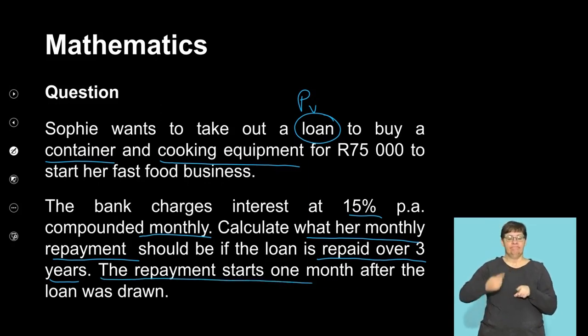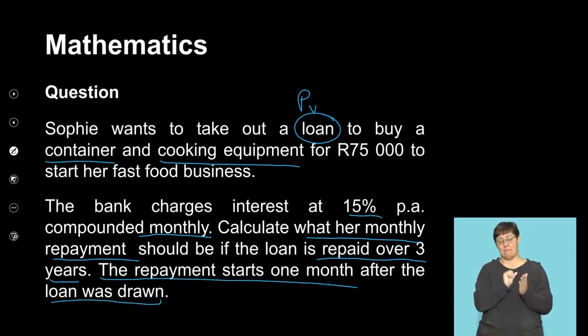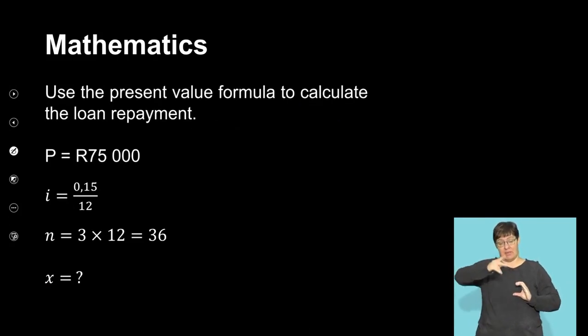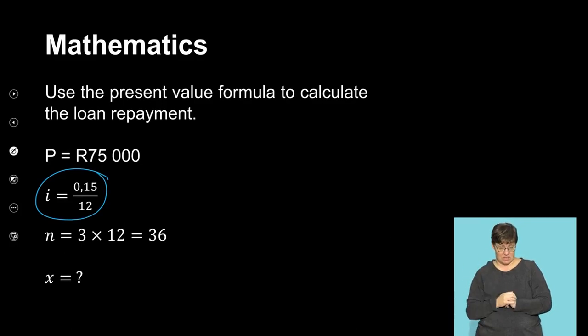The repayment starts 1 month after the loan was drawn. Now, just some quick things that we need to know. We know that she took out a loan of 75,000. The interest that the bank is charging is 15%, and then the number of months will be 36. So here we know for a fact that the loan is for 3 years.